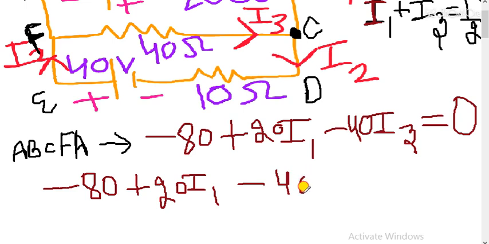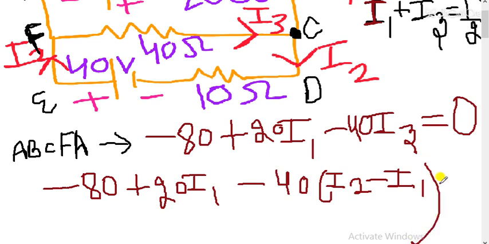Now I have to put I3 in terms of I1 and I2 so that I can get the equation. So I3 is equal to I2 minus I1. So basically we have to make two equations, and after that we will solve it. So it is equal to 0.